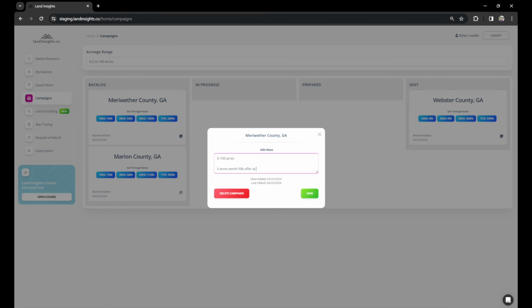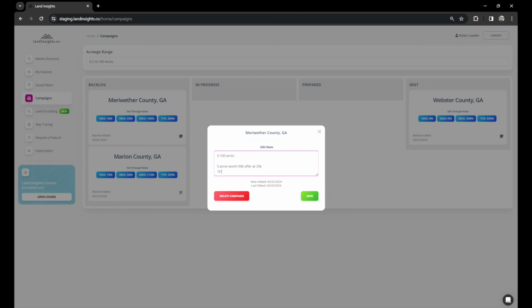Offer at 25K, something like that, to keep track of your pricing and figure out how you want to price that area. And then you can keep going. So 10 acres worth 80K. Offer at 40K, half the value. Okay, and we can save that.